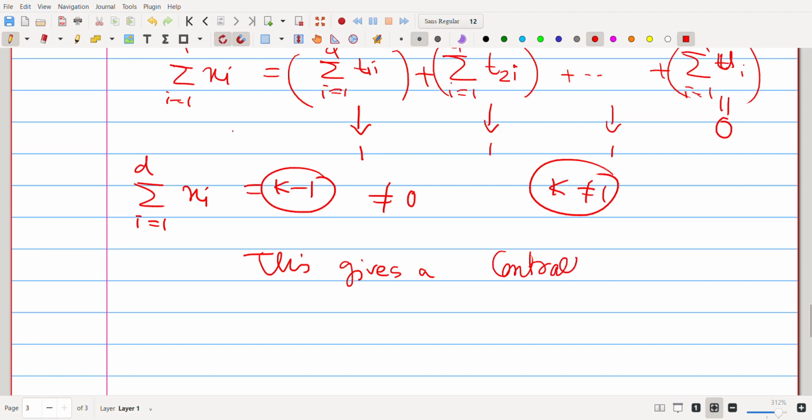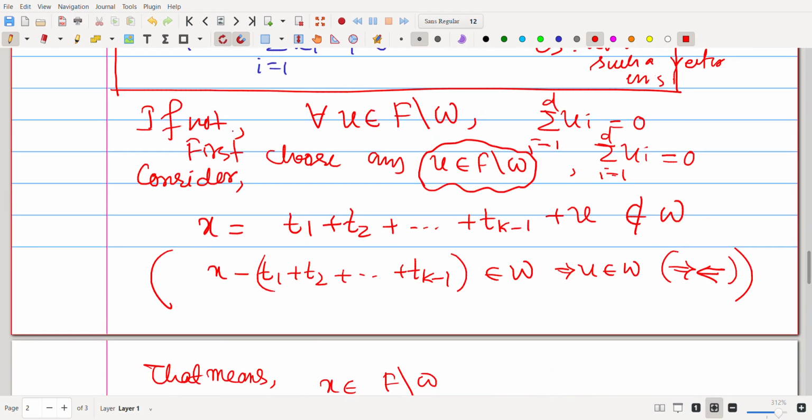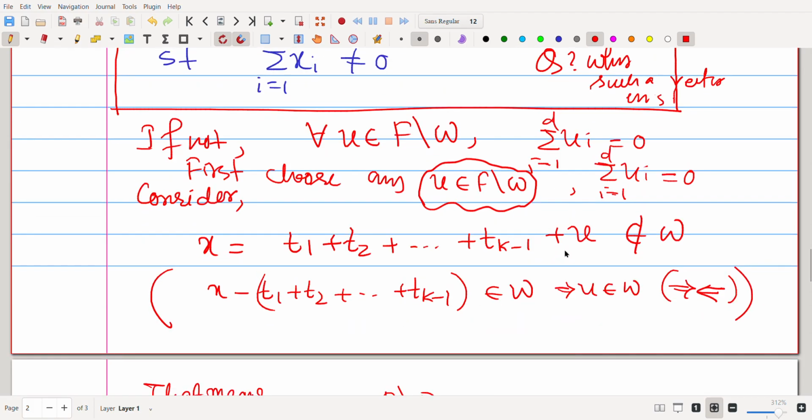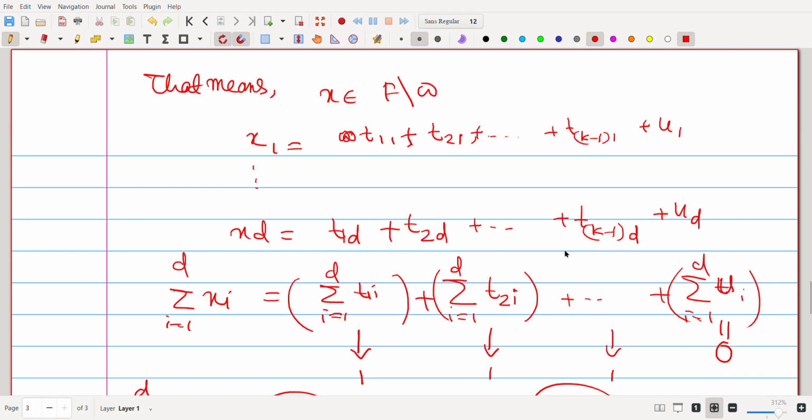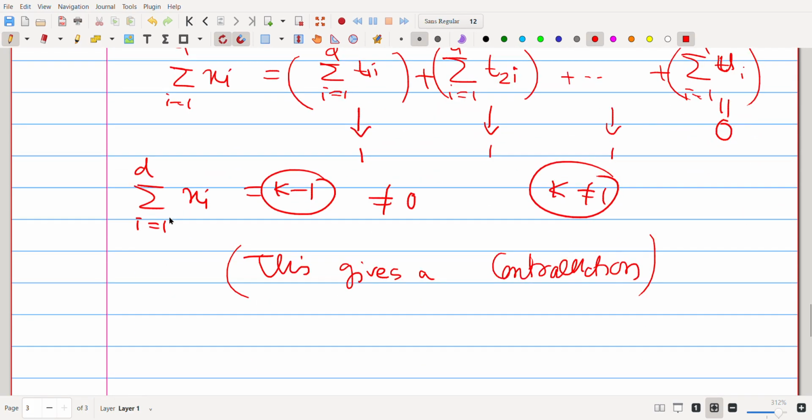Why does this give a contradiction? Because first we assumed that for every u belonging to F minus W, the summation of ui, i equal to 1 to d, is 0. But if we assume that, then we get a vector in F minus W such that the summation of xi is non-zero.